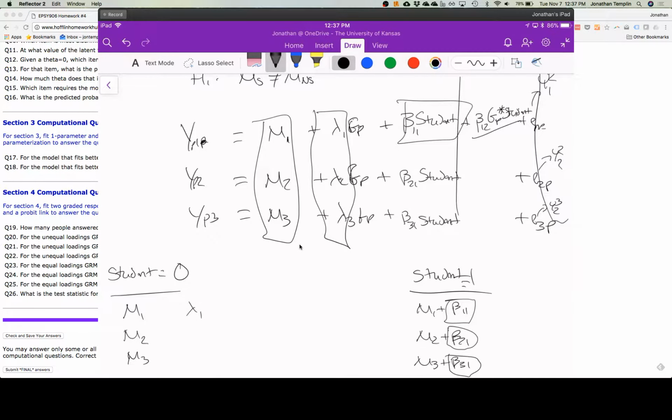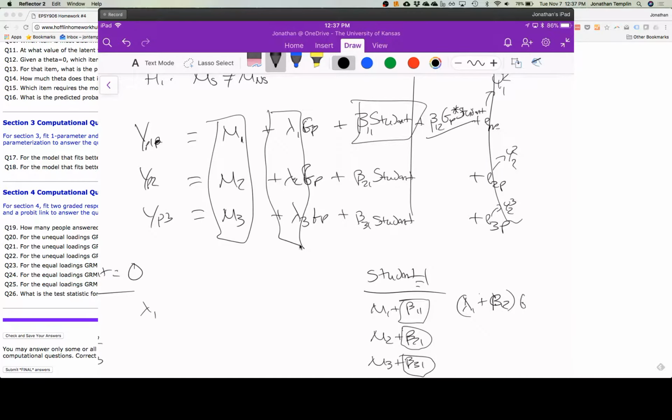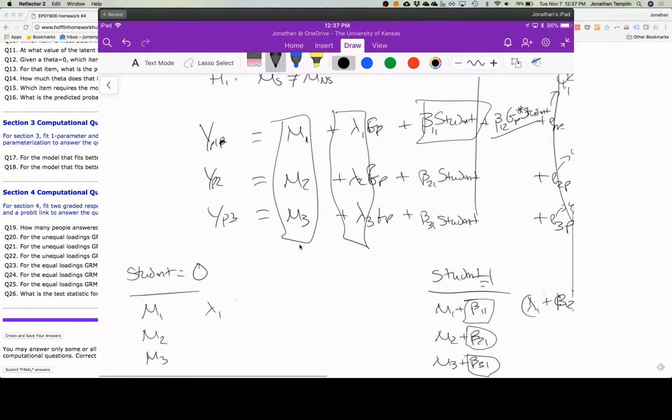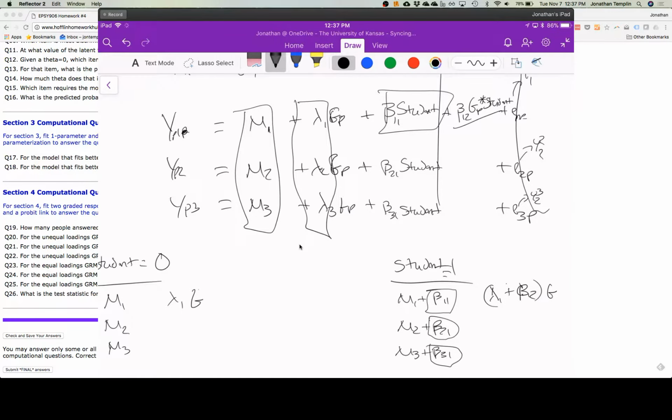And when student equals 1, now we have lambda 1 plus beta 1, 2. And all of these would multiply the factor g, right? Whereas this would just multiply the factor g over here. So again, beta 1, 2, the coefficient on this interaction, would tell us whether or not there's a significant difference in the factor loading across groups as well.